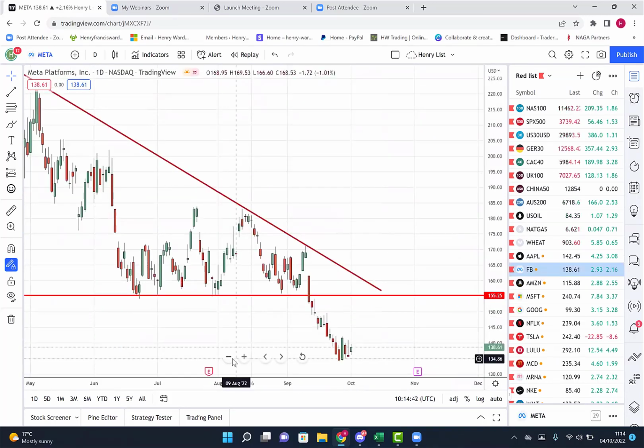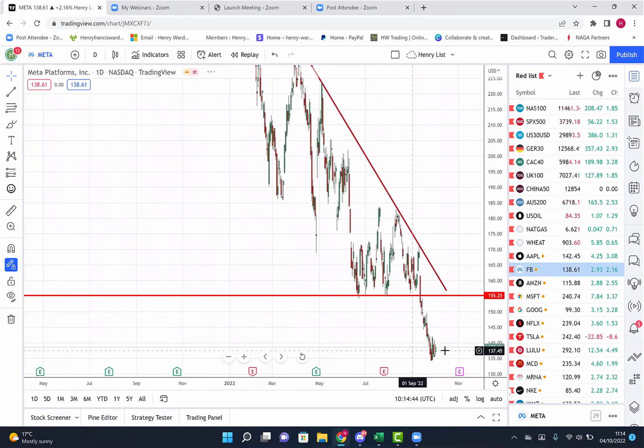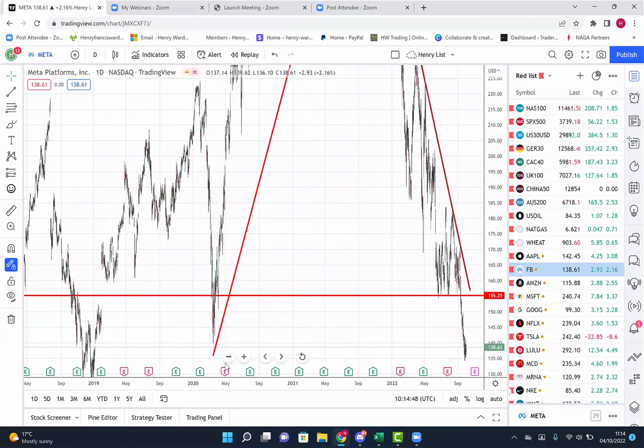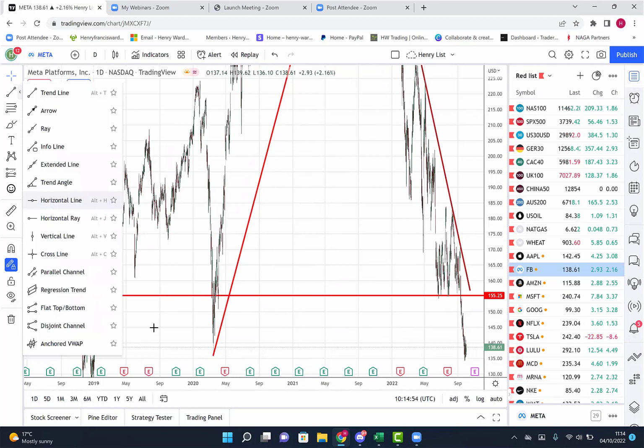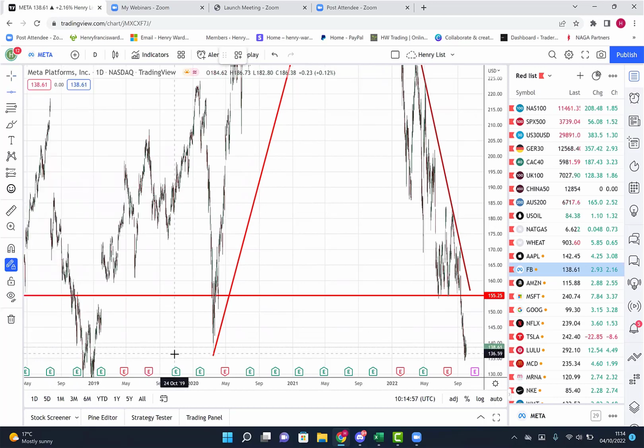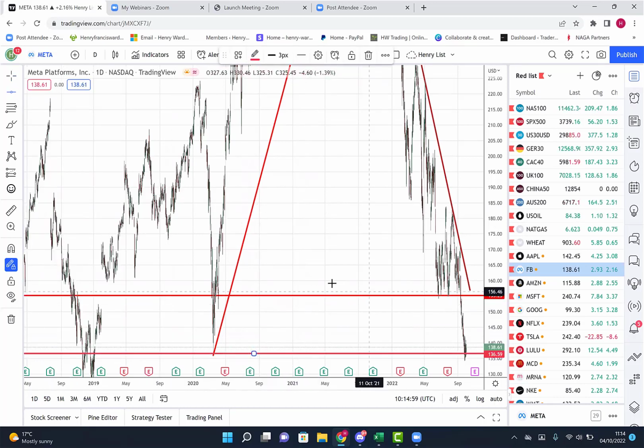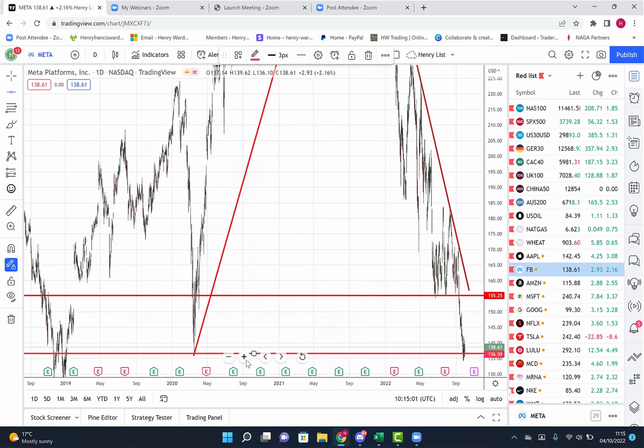Facebook hasn't had much of a rejection there, if I'm being honest. Facebook hasn't had much of a rejection, but there is a double sort of bottom down there. So it has come back down into that very same area.